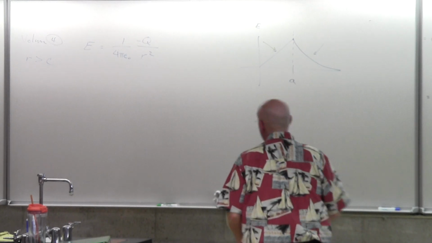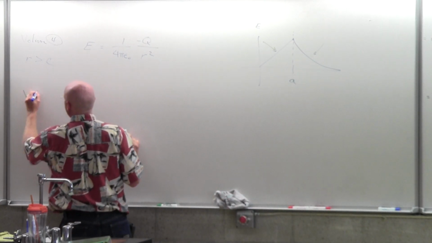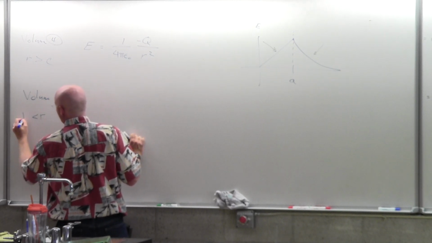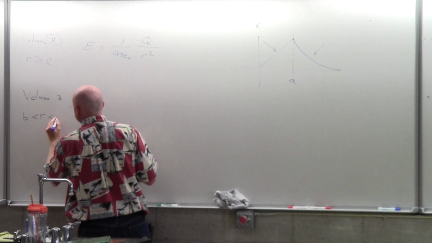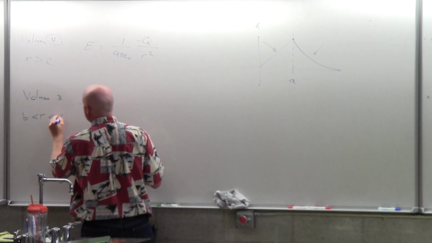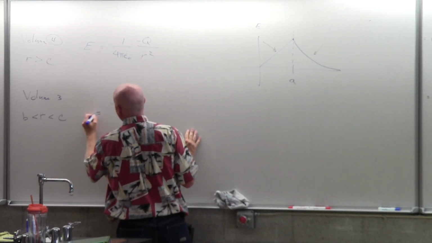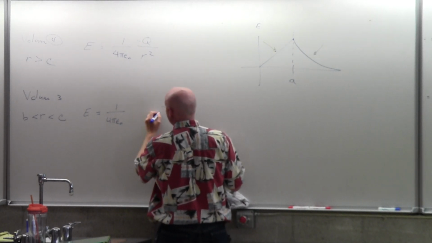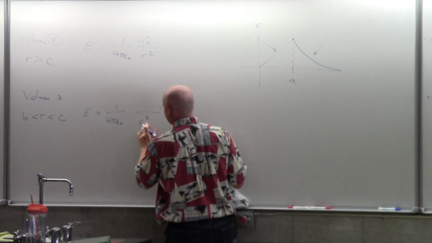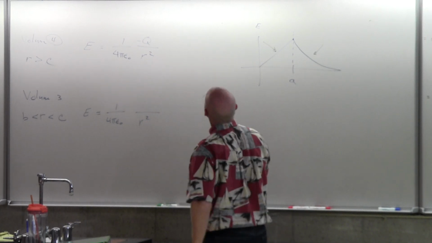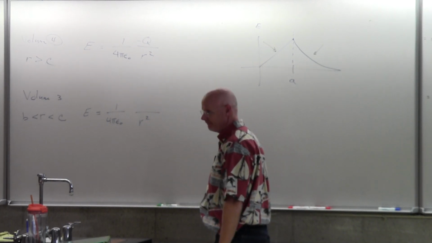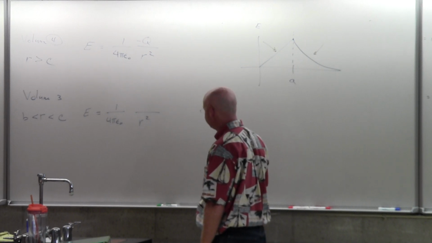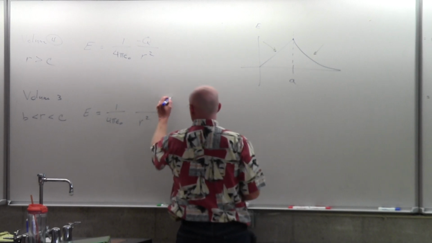The harder one and the last one is volume number 3, where we are looking at values that are greater than B, but less than C. And if we did all that, we would go through and end up with... how quickly do I want to do this?